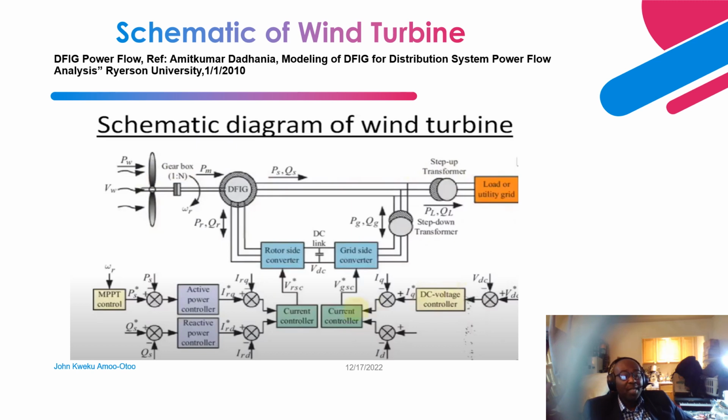Then from there, the quadrature axis rotor current and the direct axis rotor current are generated. They go into a current controller, which generates the required direct axis voltage and quadrature axis voltage, which is basically fed into the power electronics, IGBTs, to correct the error.